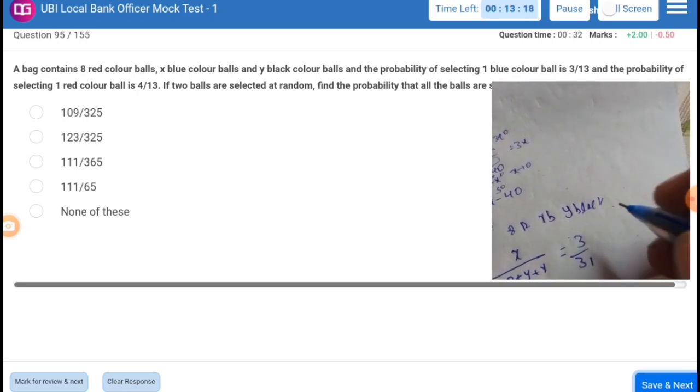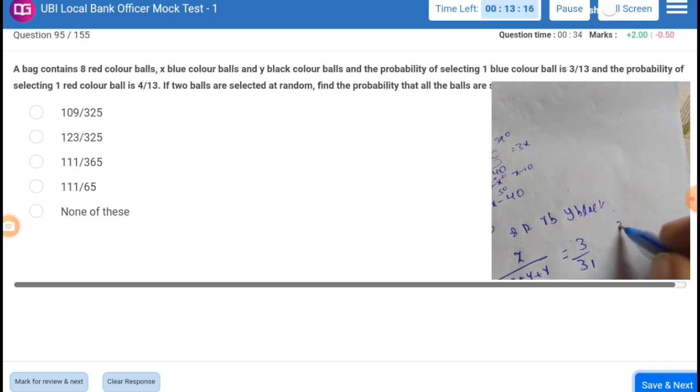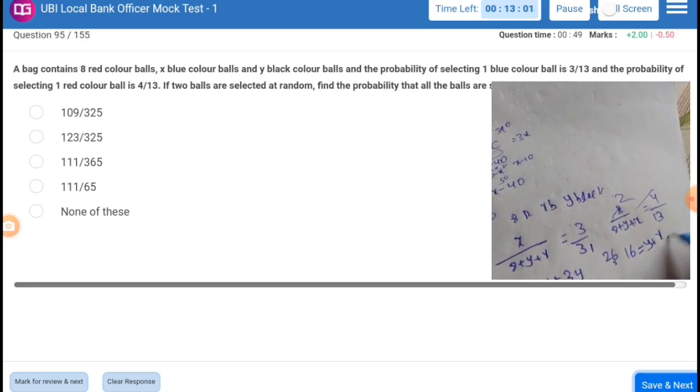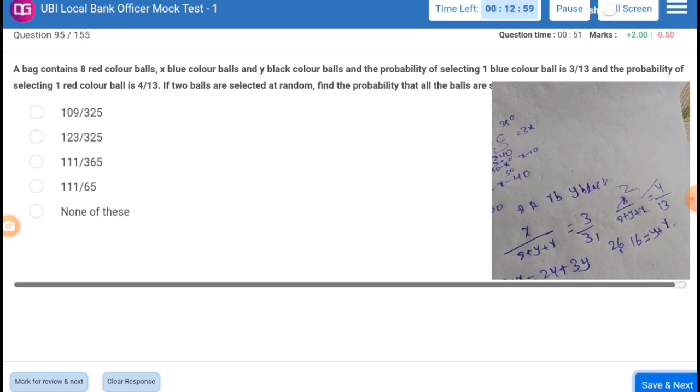And red color is 4 by 13. 26, 16, y plus x. x by 24 is 3 by 31.